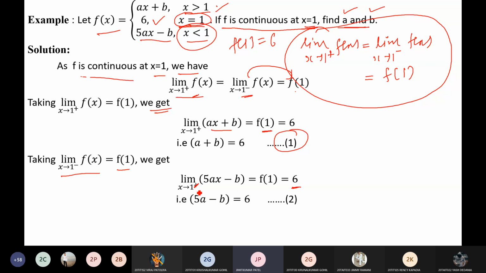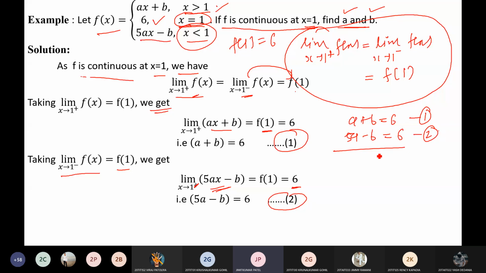Now if we substitute x is equal to 1 in this function, we have 5a minus b is equal to 6. So this is the other equation. So we have a plus b is equal to 6, equation number 1, and 5a minus b is equal to 6, equation number 2.